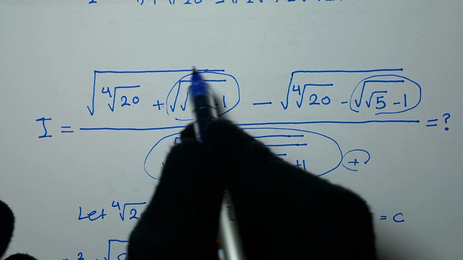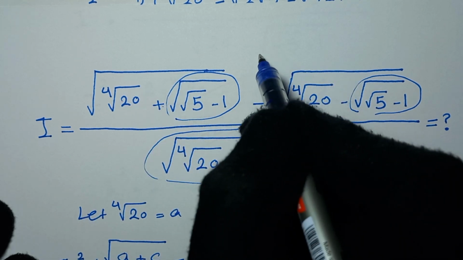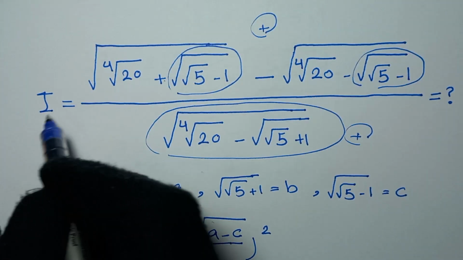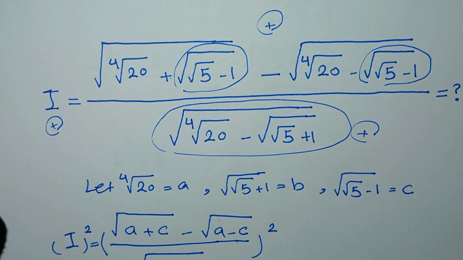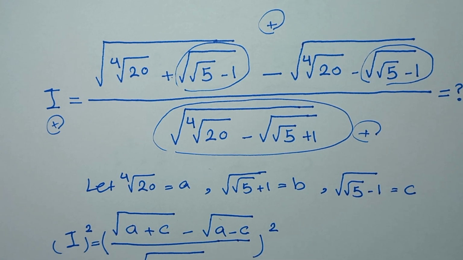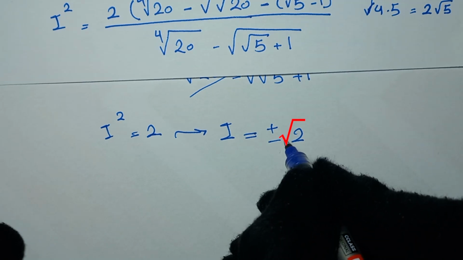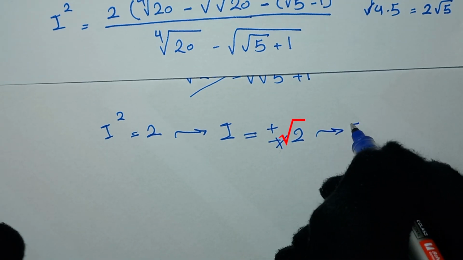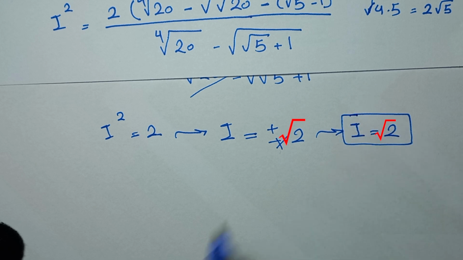So this square root is greater than this, so this minus this, it will be positive, right? So I is positive, right? So we choose the positive answer for I, and in here we reject this negative answer, and I is equal to 2. And this is our final answer.